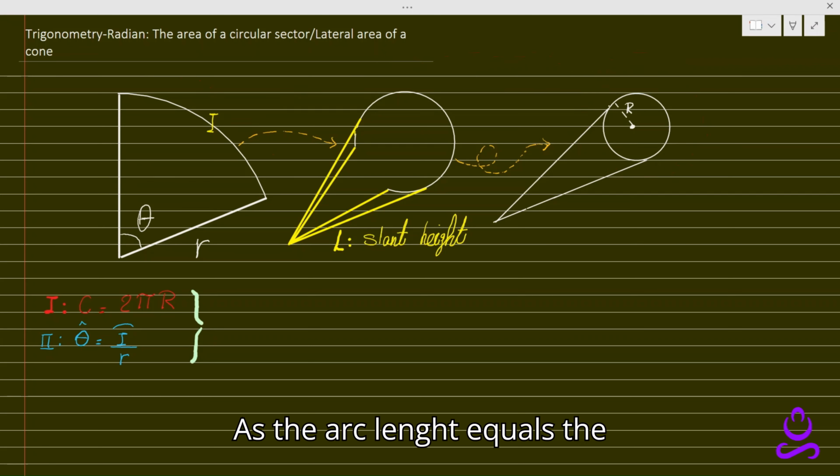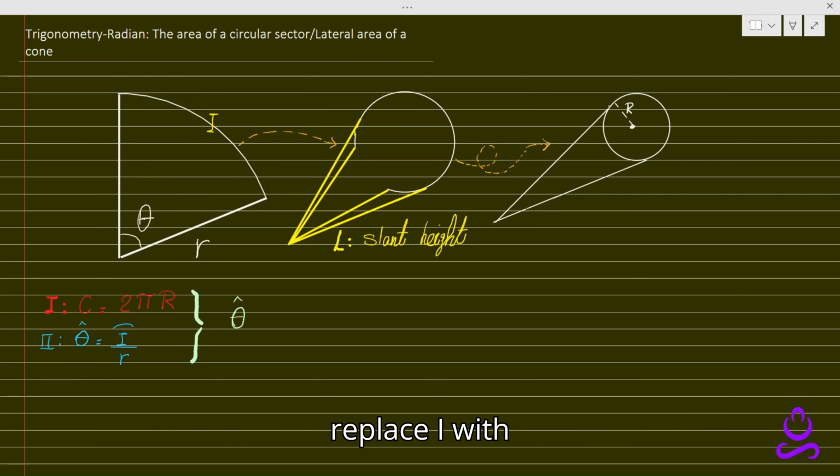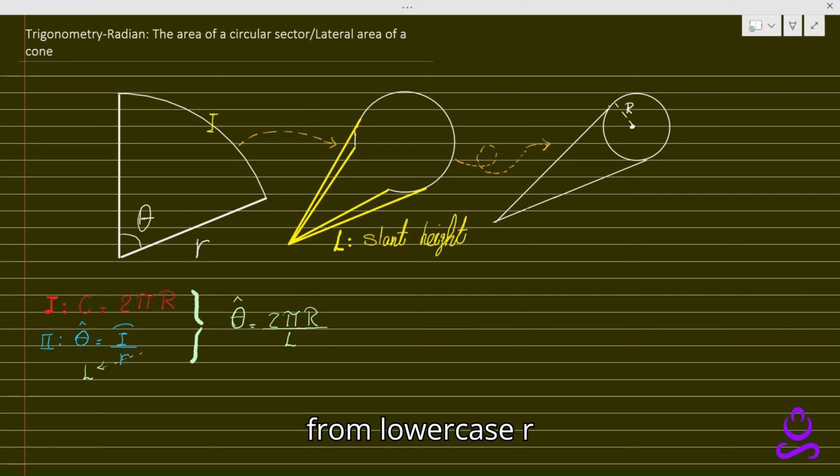As the arc length equals the circumference of the cone's base, we can replace l with 2 pi R in the second equation. Don't forget to change the radius symbol from lowercase r to L, as they represent the same value.